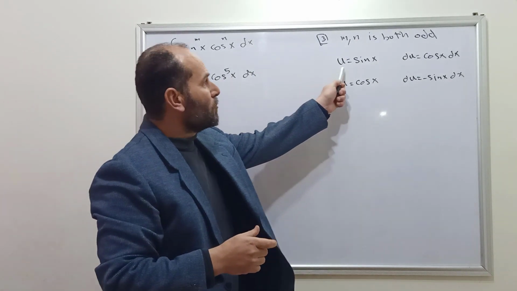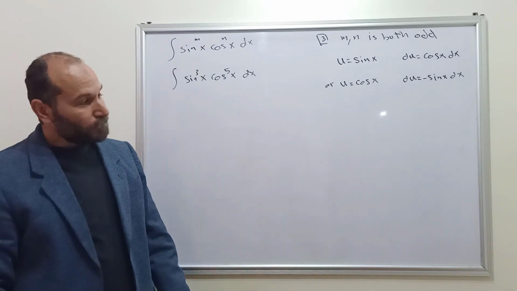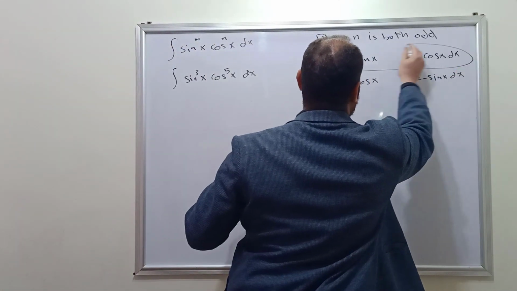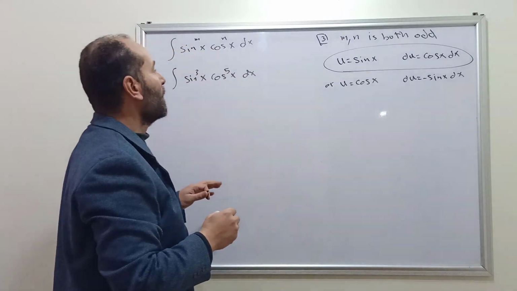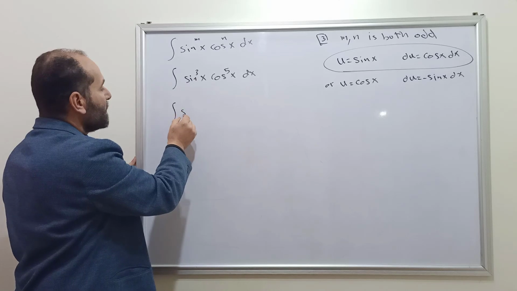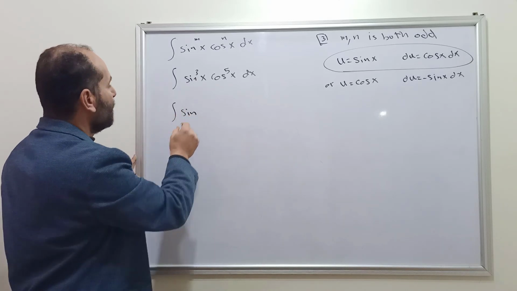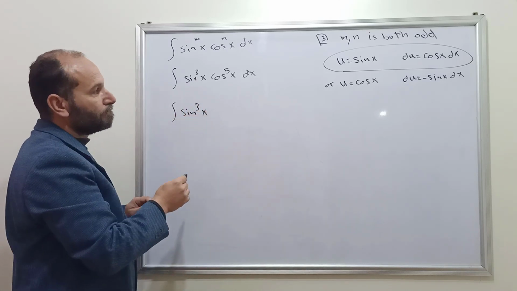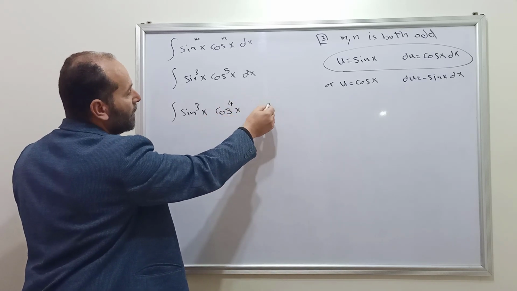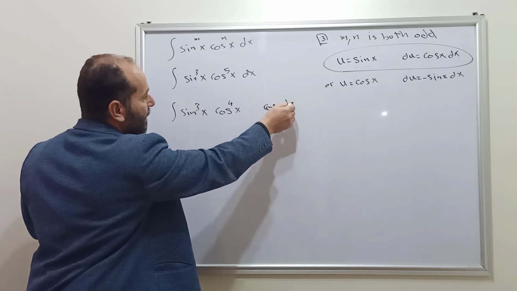If we use this substitution, we make sine power 3 x cosine power 4 x cosine x dx.